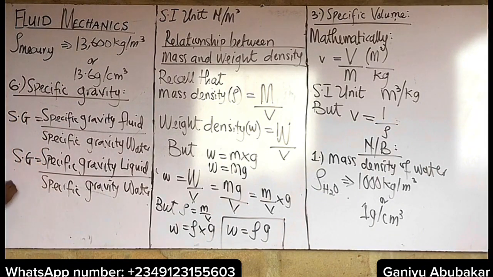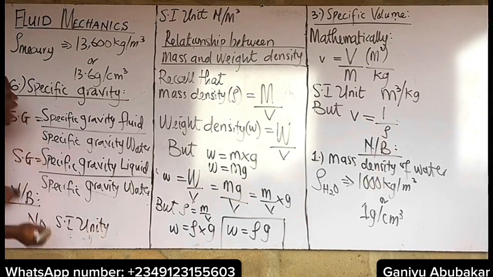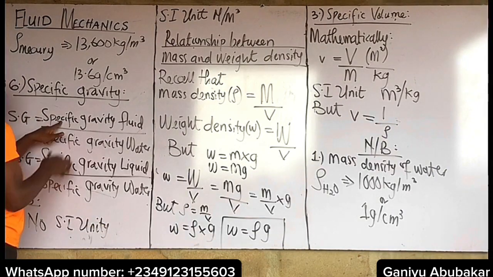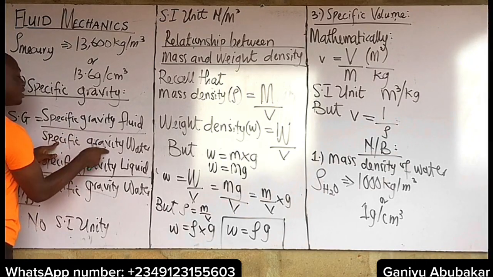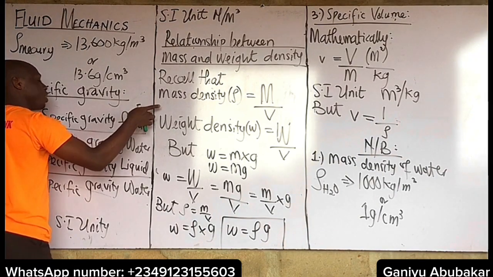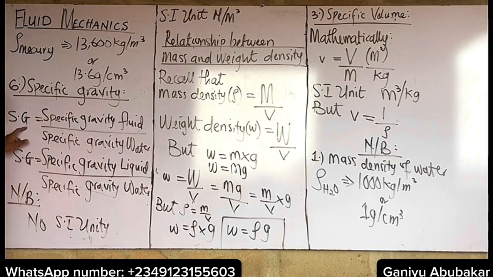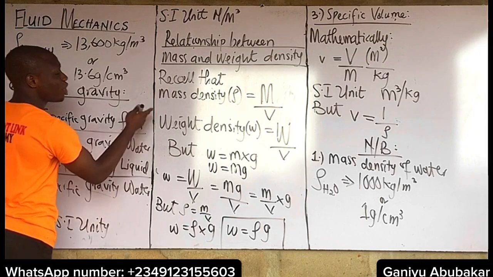Note that specific gravity has no SI unit. Why is it so? We said gravity is meter per second square.